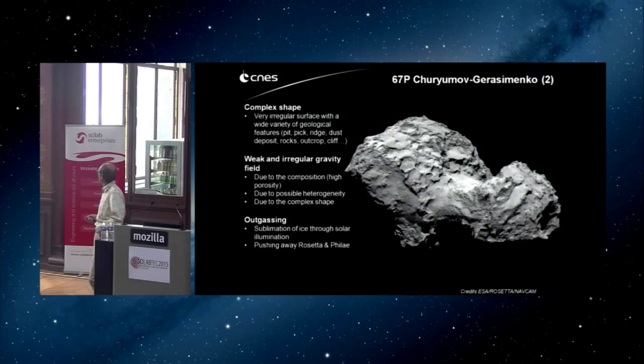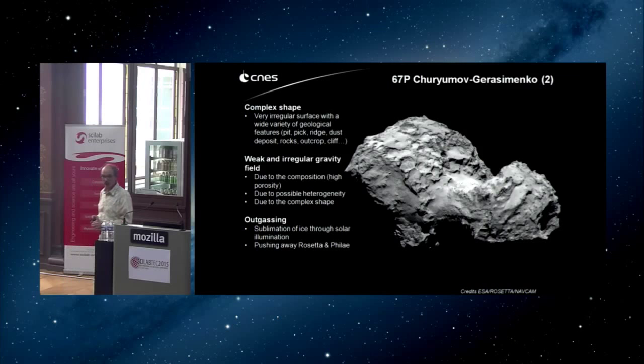Here you have a nice view of the comet with a very irregular shape in two lobes. You can see many geological features, including pits, holes from where the gas is coming out. Because of the size and the weak density, the gravity field is very weak and very irregular, which complicates a bit the design of trajectories around the comet and on the comet.